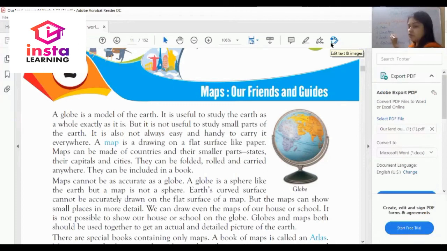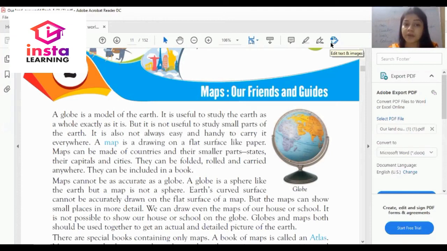In the second, you will learn about direction. In the third, scale. In the fourth, color scheme. In the fifth, symbols. And in the last, kinds of maps. So, dear student, let's begin with the maps.